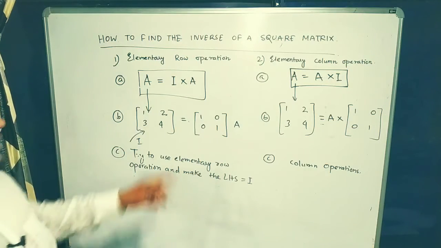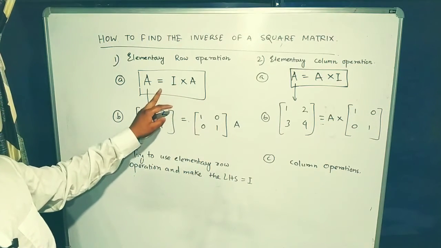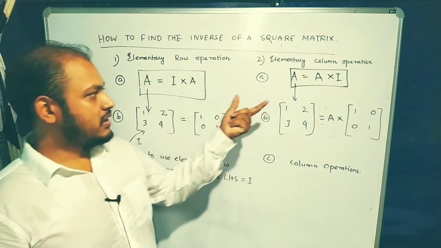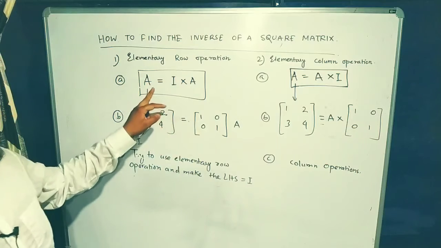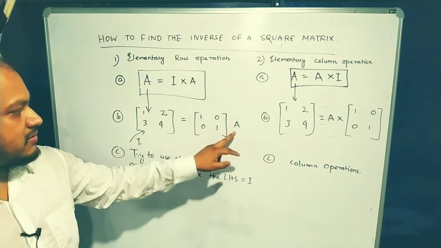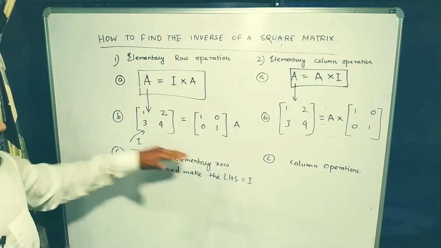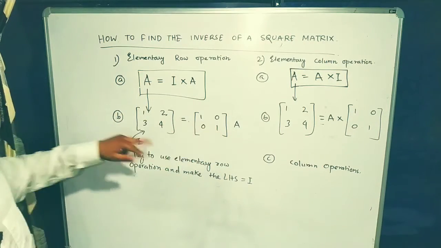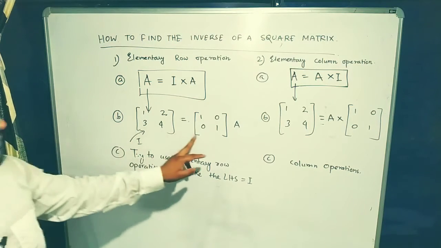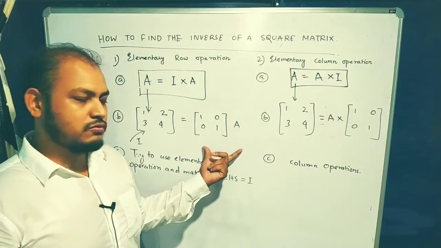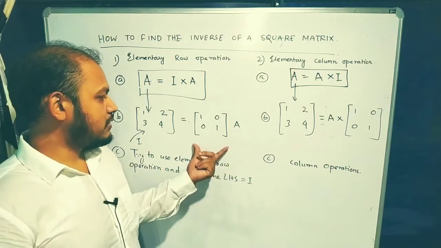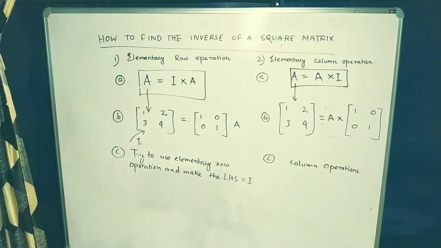So you remember the steps. First step is to write this equation. Whatever matrix the questioner has given and asks you to find the inverse of, first write this equation, then put the value of A, put the value of I, keep A the same here, then use elementary row operations on both these matrices and try to make this matrix equal to I. After that, whatever matrix you are left with, both the matrices will be inverses of each other, and in that case A inverse you will see directly here, right?